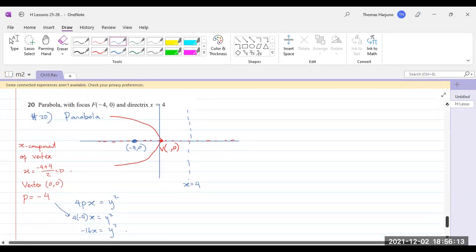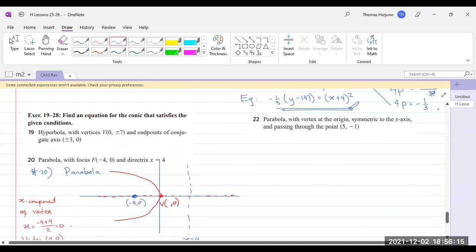Let's go on. Number 22, a parabola again. A parabola with vertex at the origin, symmetric with the x-axis. So either it opens this way or this way, we don't know.